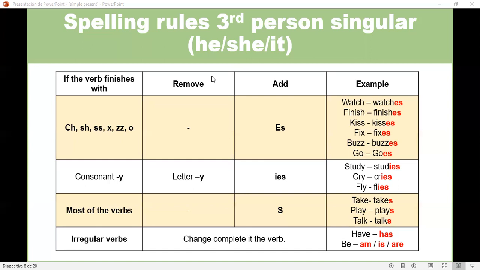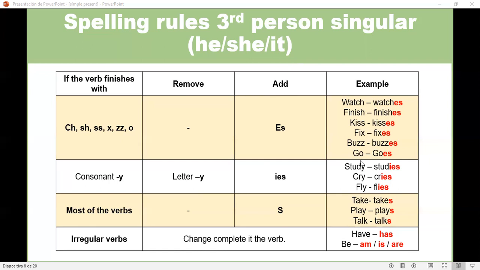Second rule, consonant plus Y. If the verb finishes with consonant plus Y, una consonante más la letra Y, we have to remove letter Y, and we have to add IES. For example, study, studies.